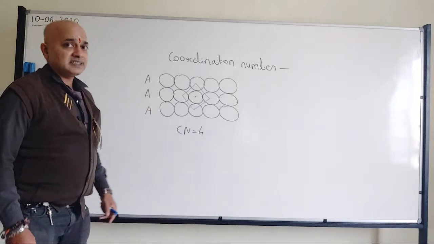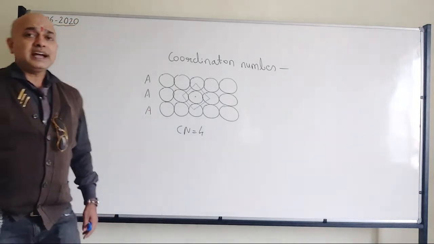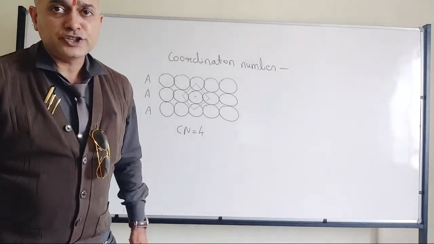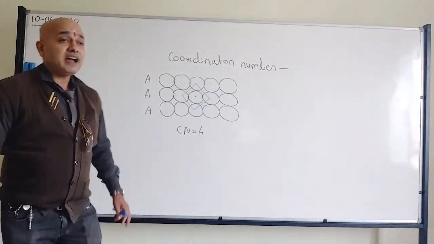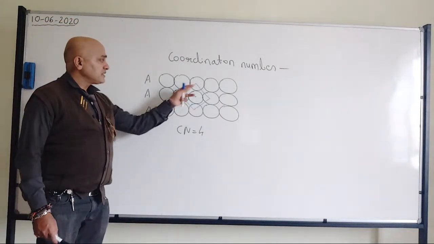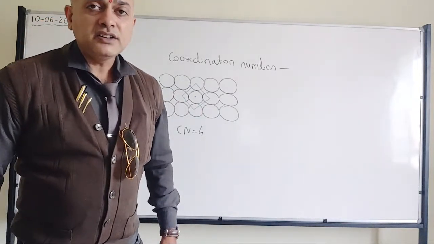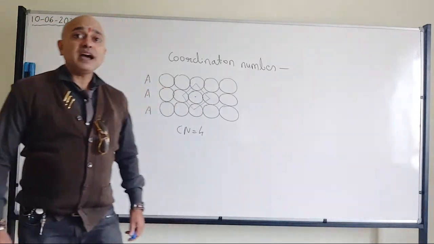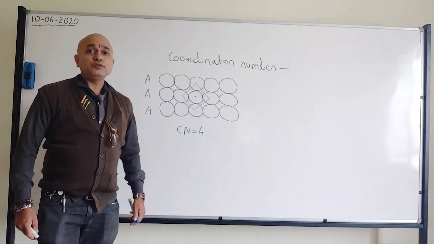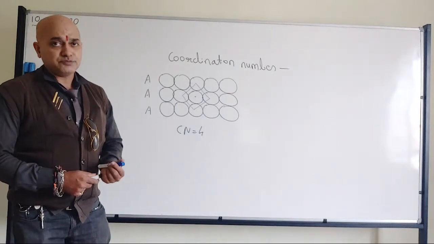That's what we can see. So this is called a square type of arrangement, because I am getting a square type of structure. So I can tell that it is a square type of arrangement, a two-dimensional arrangement.